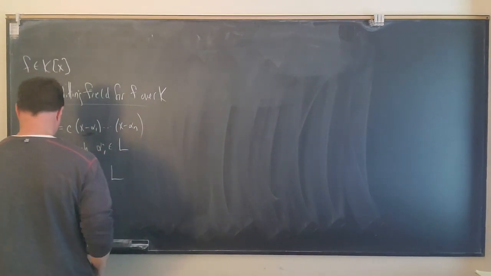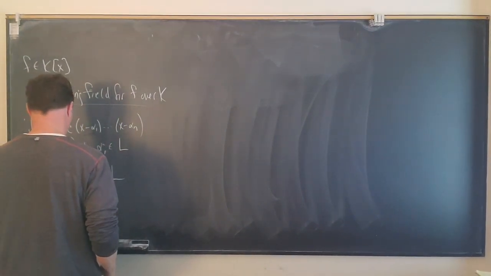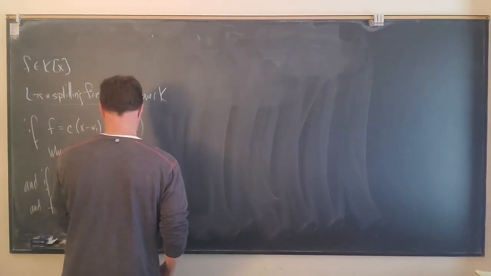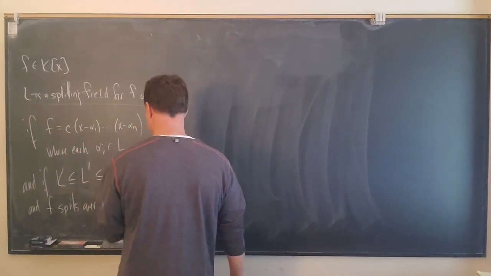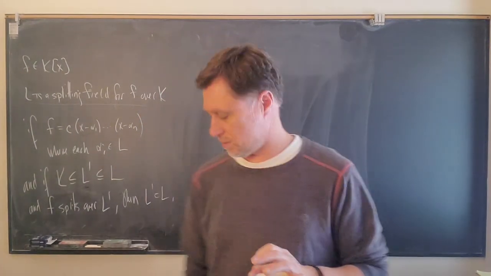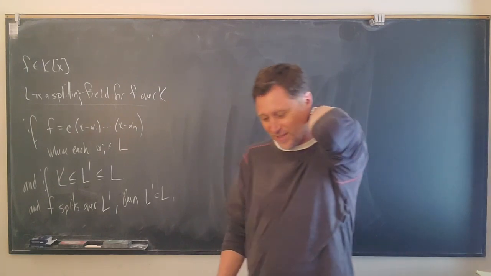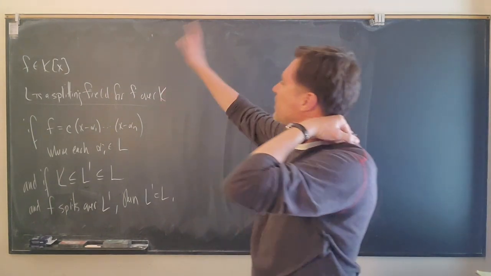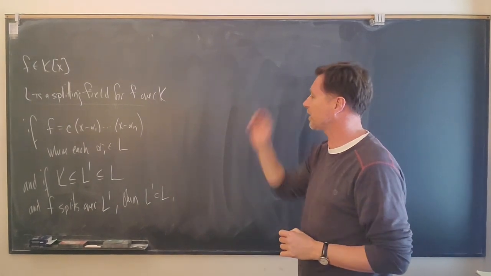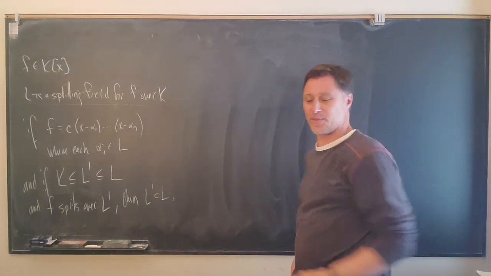So if f splits over L prime, then L prime equals L. I forgot that I defined the term splits. So there's a quick paraphrase, it's almost exact, of what it needs to be a splitting field.